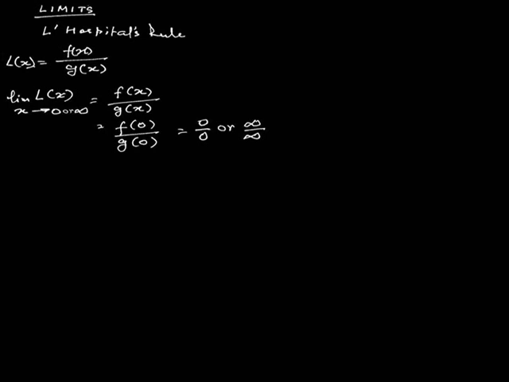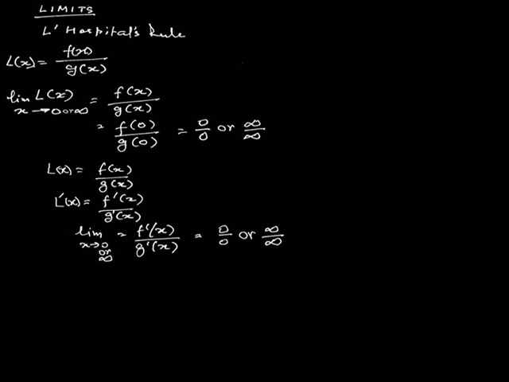In L'Hospital's rule, the numerator f(x) and the denominator g(x) are individually derived, and then the limit x tends to 0 or infinity is put.